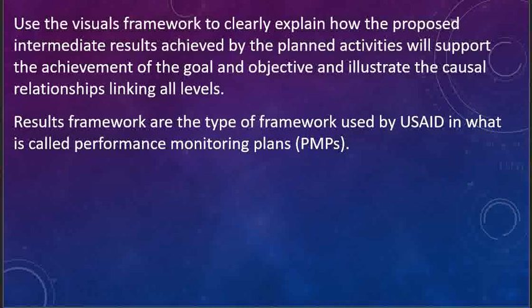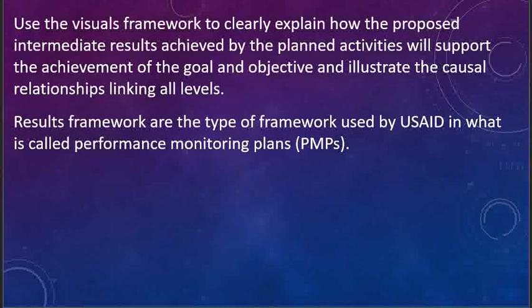So what we are saying simply in this statement is that the activities lead to intermediate results, which lead to the strategic objective, which leads to the general project goal. Results frameworks are the type of framework used by USAID in what are called performance monitoring plans, PMPs.